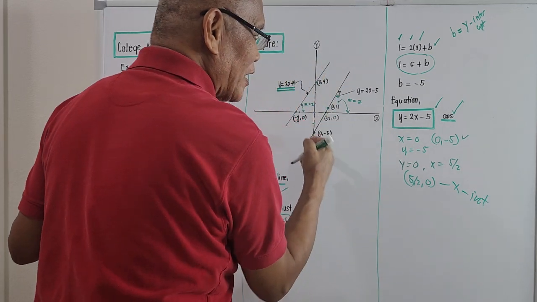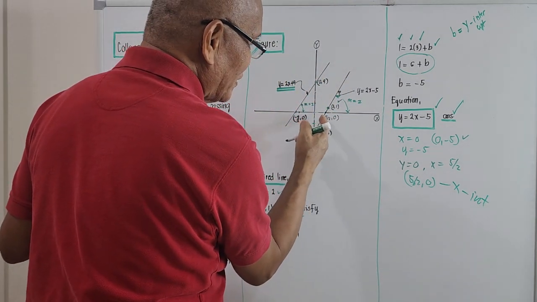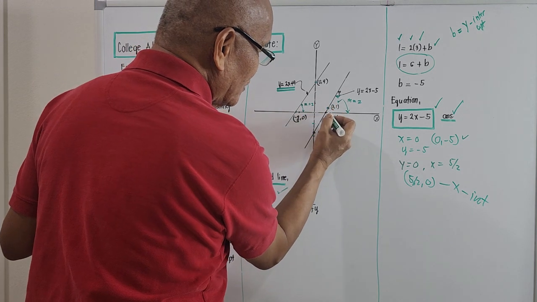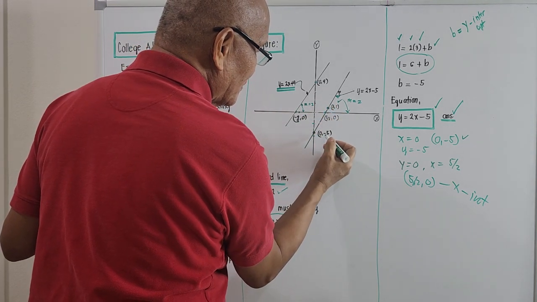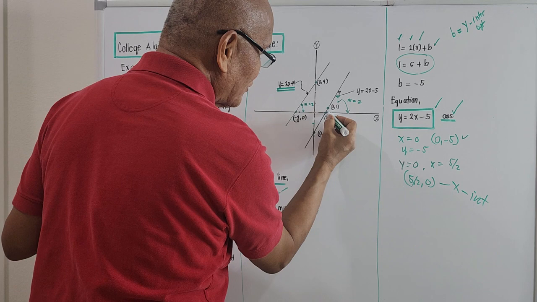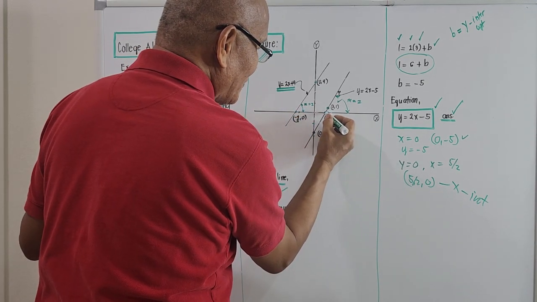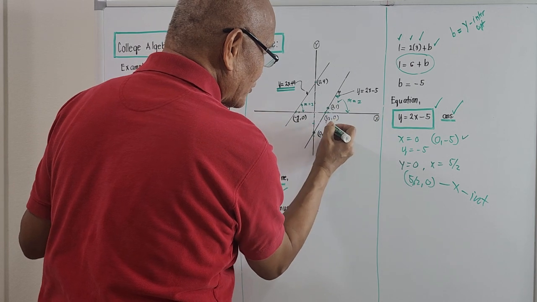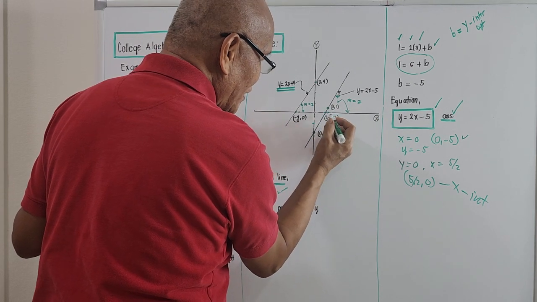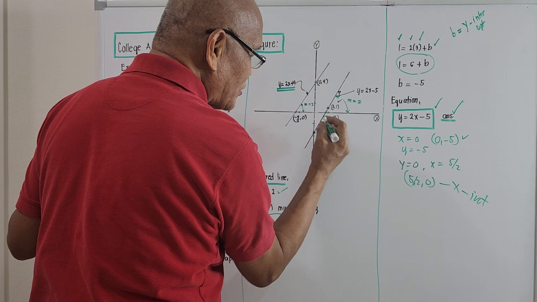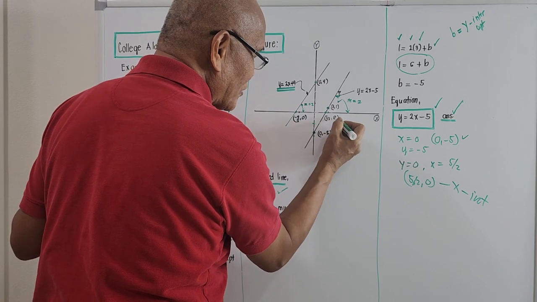At the location 5 halves is this point here. 5 halves is 2.5 because this is 3. So this is 5 halves and the ordinate is 0. So the required line passes through the x-intercept at the location (5/2, 0).